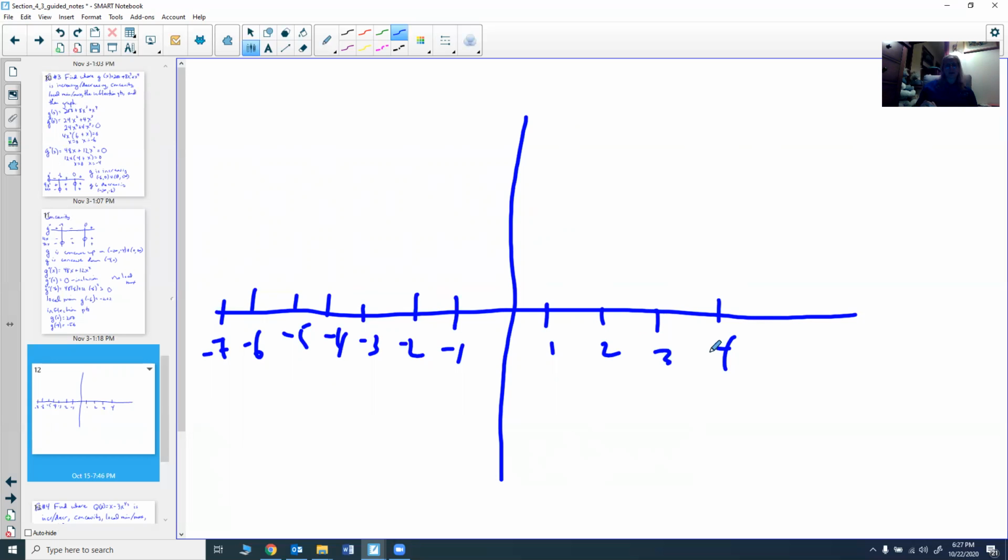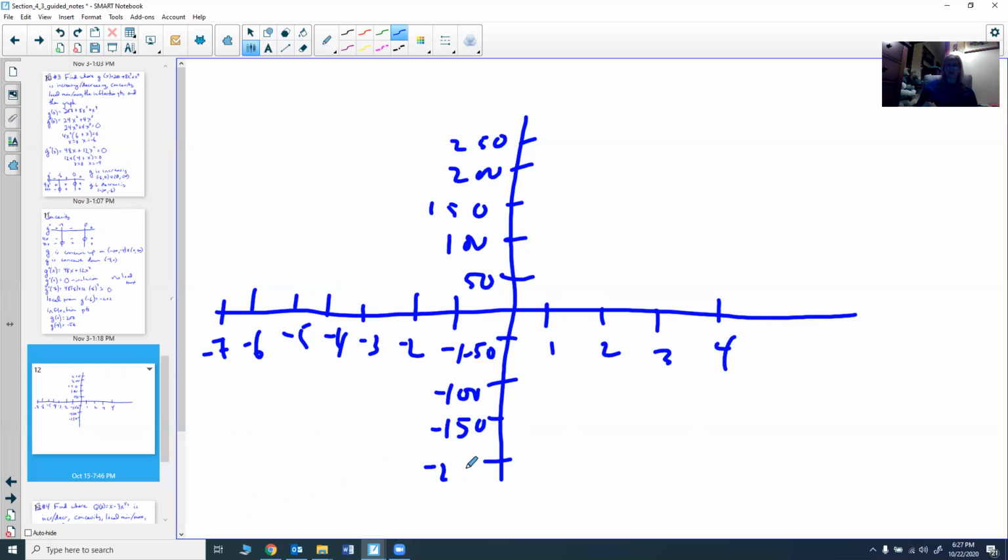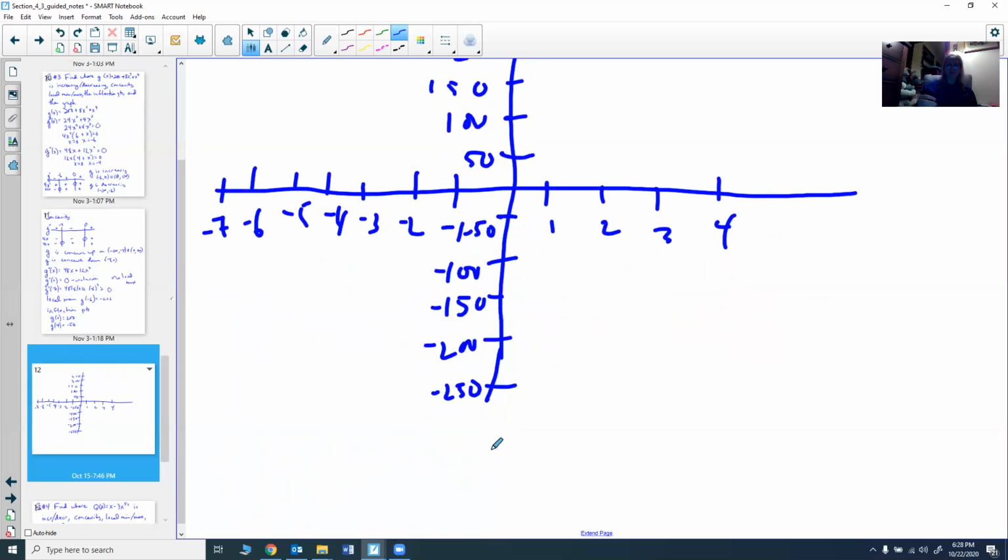So that might mean I might want to count by 50s, let's say. So we'll count by 50s, 50, 100, 150, 200, 250, minus 50, minus 100, minus 150, minus 200, minus 250, and we'll go all the way down to minus 300, let's say.